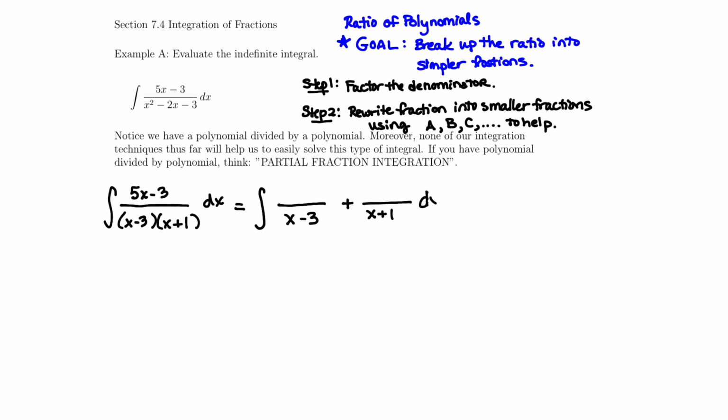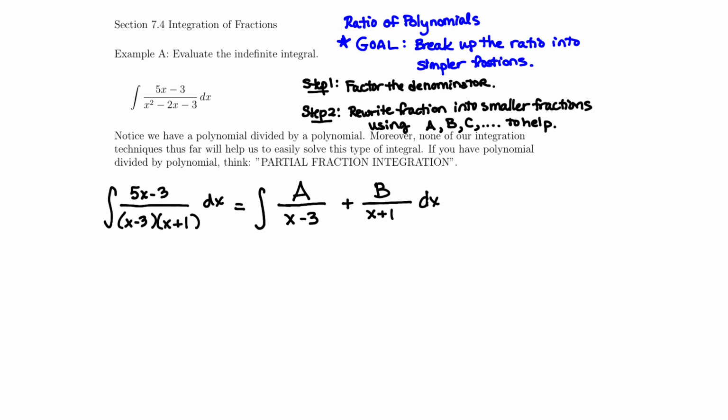Now, I don't know what's on top here yet, and I don't know what's on top here yet, to add these up to give me 5x minus 3. That's where I'm going to use a placeholder, and that placeholder is just going to be a big letter. So I want the big letter A to hold the place here, and the big letter B to hold the place here.